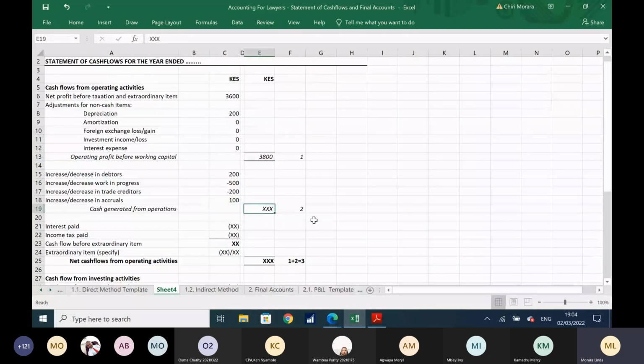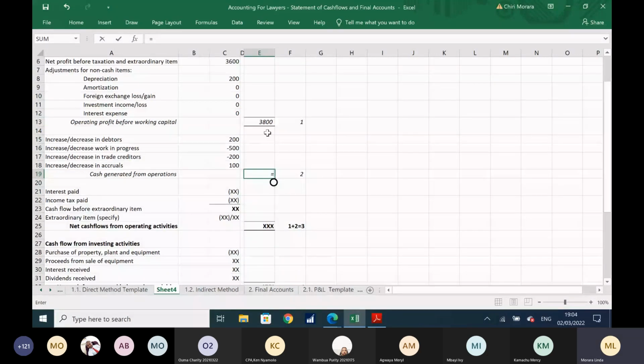So you get your total, which means that your total cash generated from operations is this, and then you add this. For the purposes of our question, we have not been given any of this.